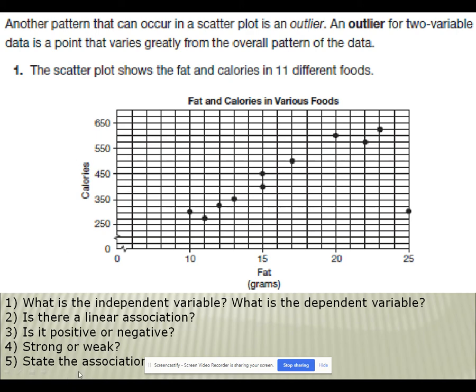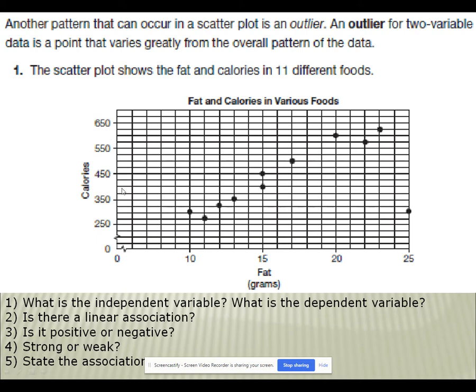And then the most important question, state the association. What is the relationship between calories and fat? Remember, you always say it the same exact way: as the, what's on the X? Fat. So as the fat increases, the calories blank. This is the way you're always going to answer this question. You would say as the, and whatever this is, as it increases, and then you have to tell what the other one's doing.